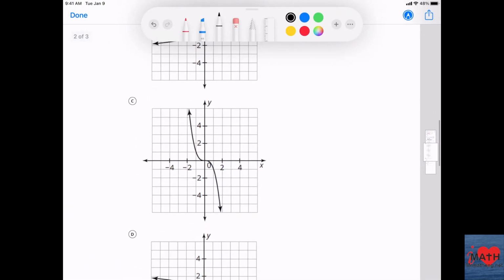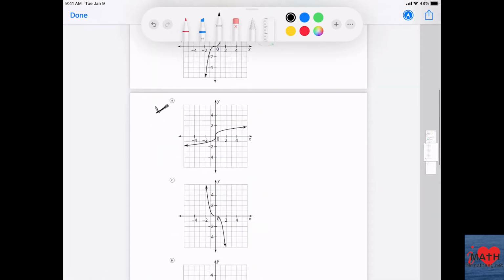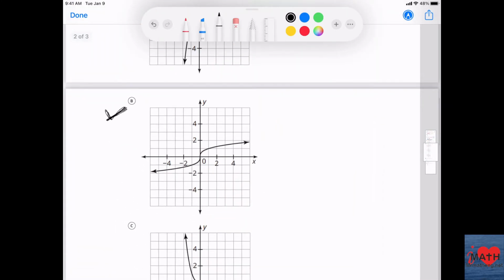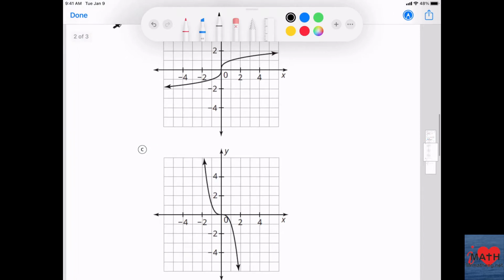Let's look at C. What is C? C looks like they reflected it over the y-axis. So let's say c of x is x cubed. Well, this graph looks like some other graph. We'll call it d of x.